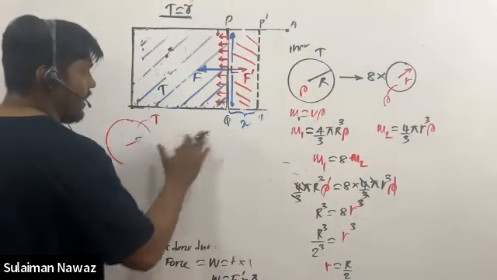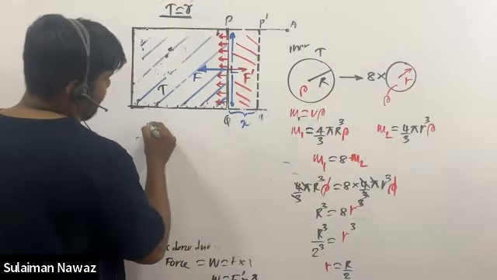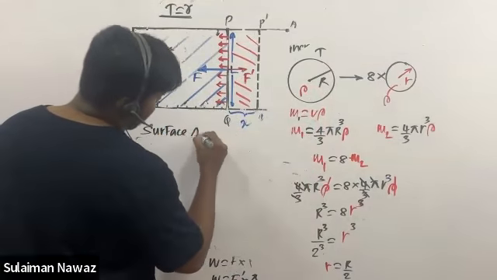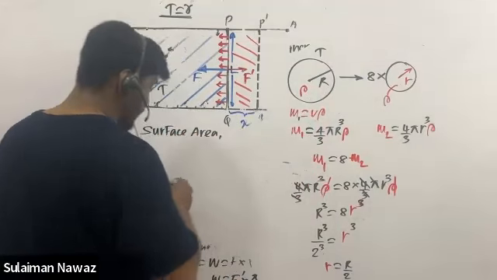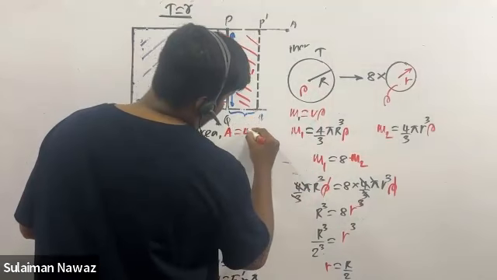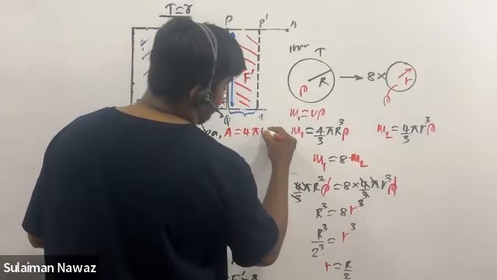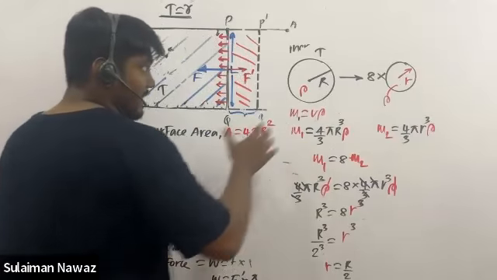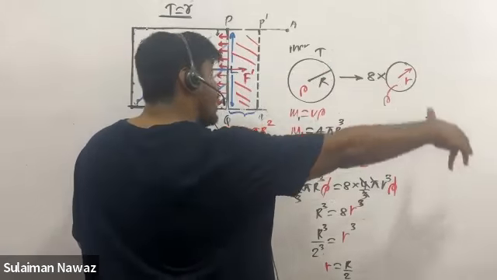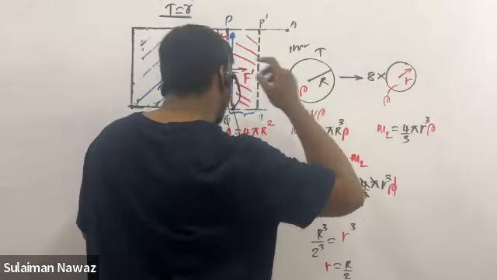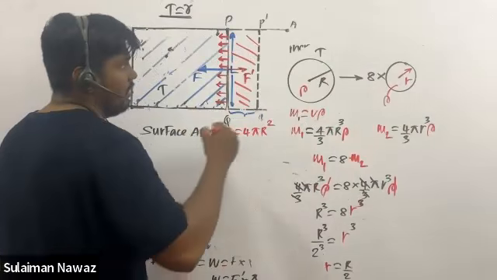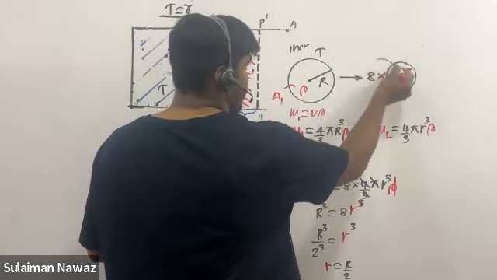Surface area, capital A equals 4 pi r squared. If I find the surface area of this large droplet, and the total surface area of all 8 small droplets, I say A1, and this is A2.